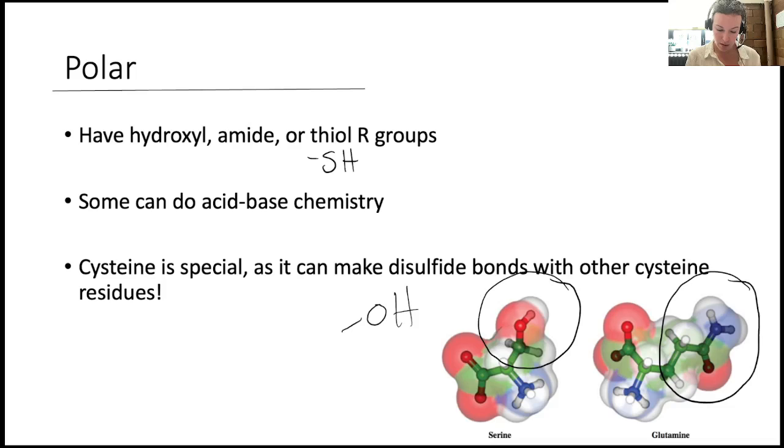And glutamine, if I just draw the R group, okay. Now this R group, you can tell, has some electron density, again, around that oxygen, because it's electronegative, and a little bit as well around that nitrogen, since it has a little bit more electronegativity as well. So these are our polar amino acids, where the R groups are polar or partially charged.